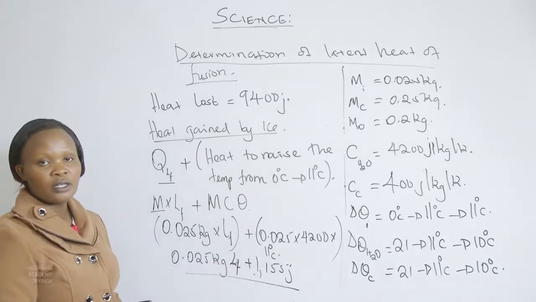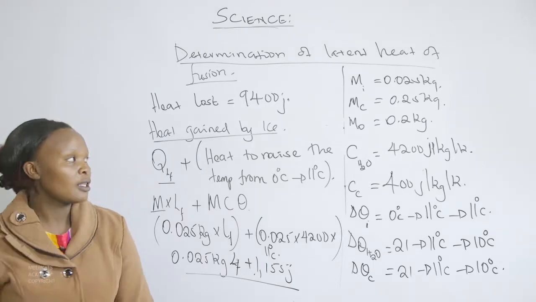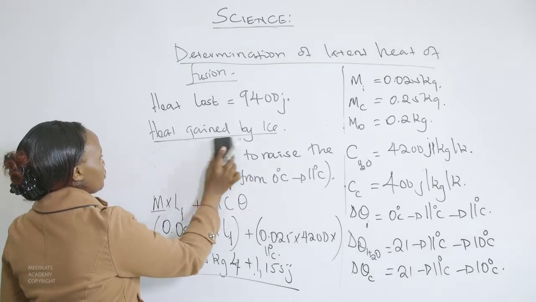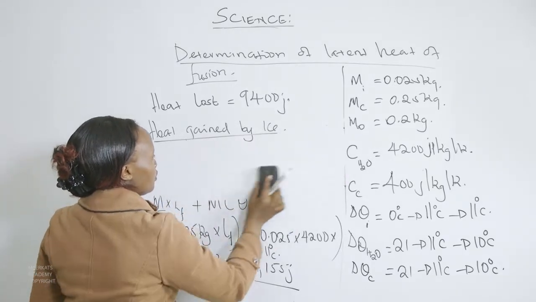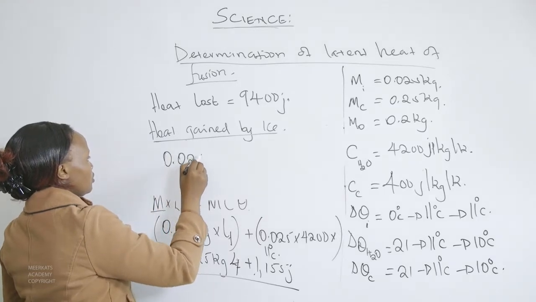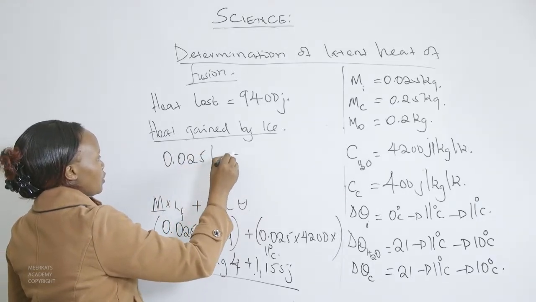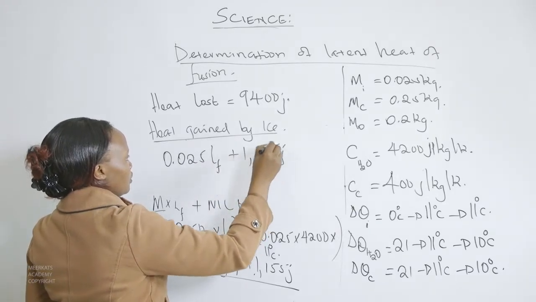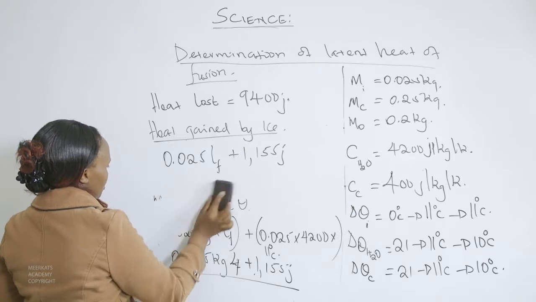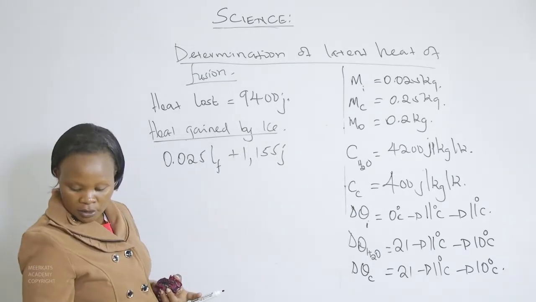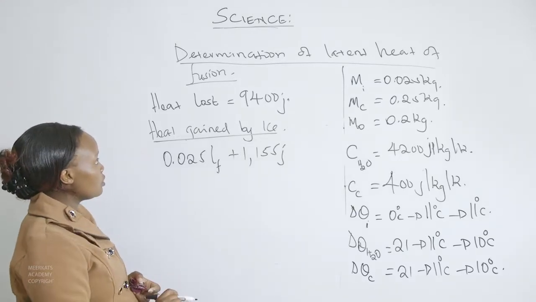Now this gives us the total of the heat that our ice gains. So here the heat gained is equal to 0.025 L plus 1155 joules.